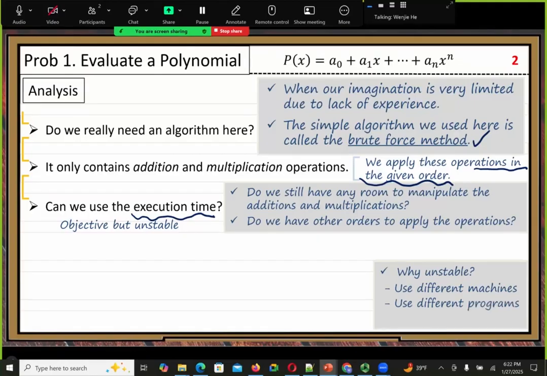Different machine. But from the software point of view, it's also not stable. For different programmers, even if they implement the same algorithm, the result could be different. Let's think about it: you have one particular algorithm, and you ask different programmers to implement it.